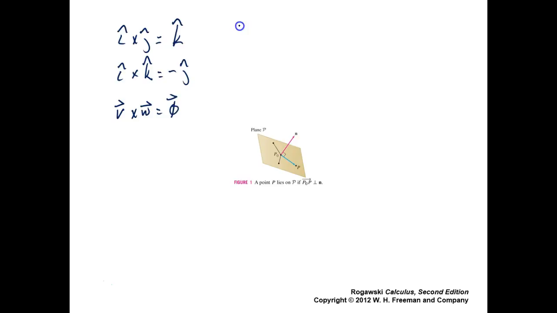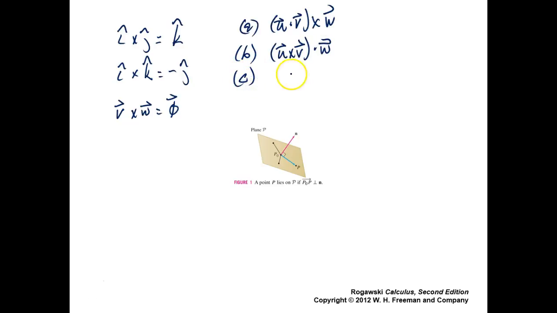Okay, A. U dot V cross W. Okay, B. U cross V dot W. C. Magnitude W times U dot V. D. Magnitude W times U cross V. All right.